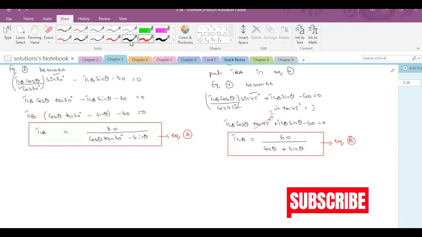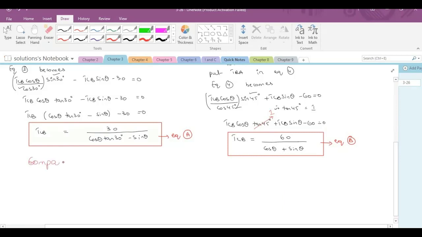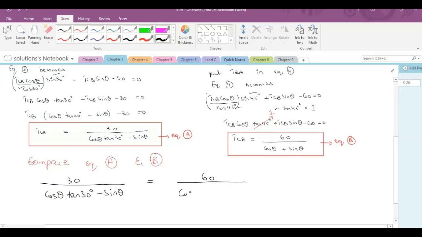So if I compare, because the TCB is same in both the left hand side of the equations A and the equation B, I can compare equation A and B. So we have 30 over cos theta tan 30 minus sin theta equals to 60 over cos theta plus sin theta.